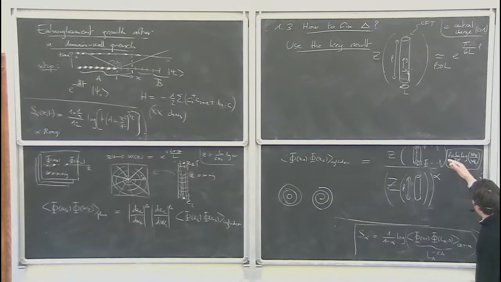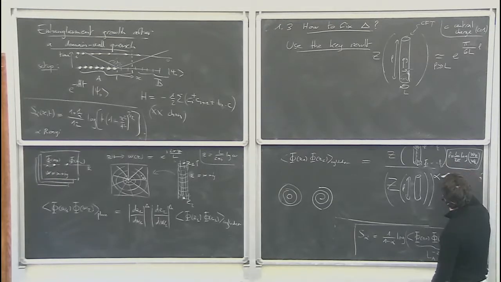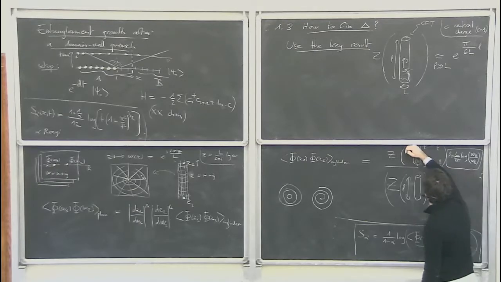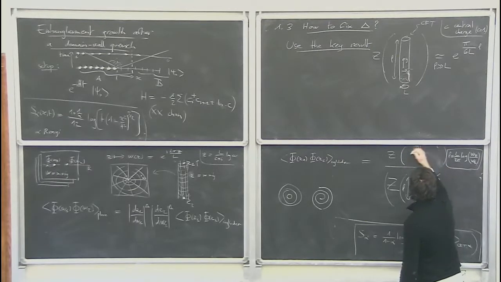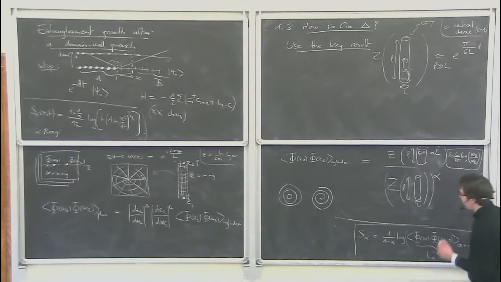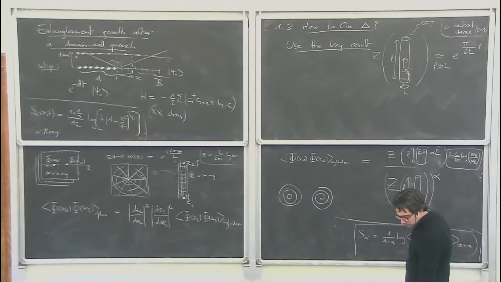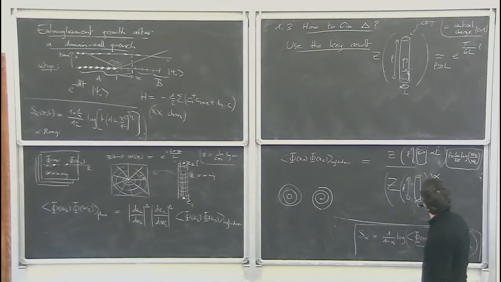While in the numerator, we have the partition function of a single cylinder, but of total circumference alpha times L. Okay? So this is what we get in the end.